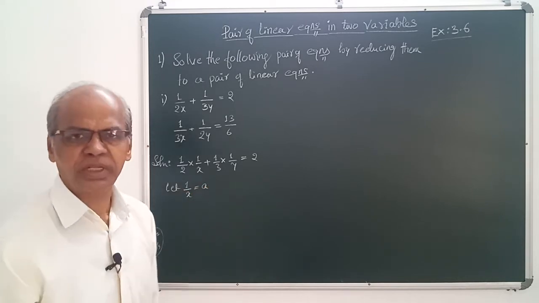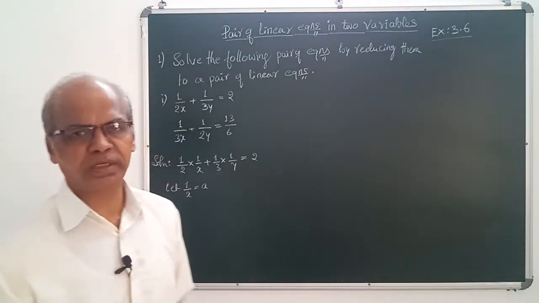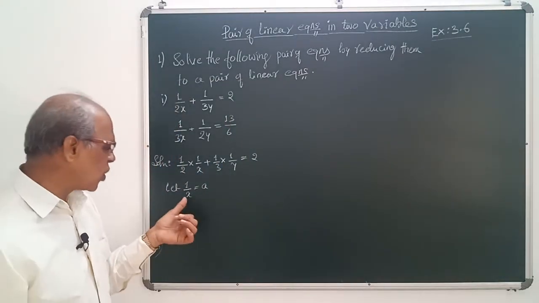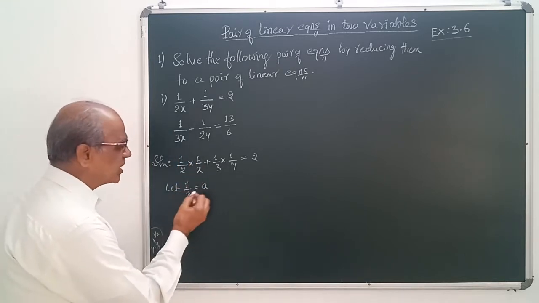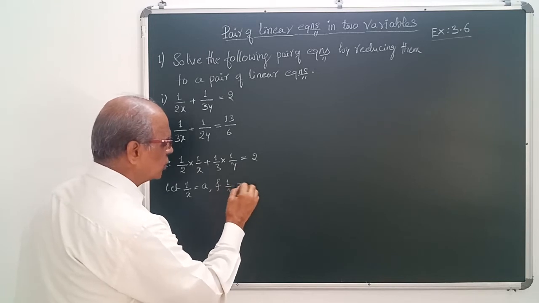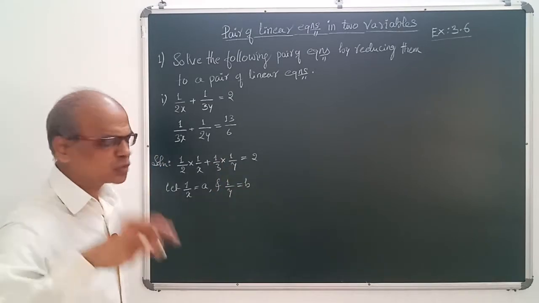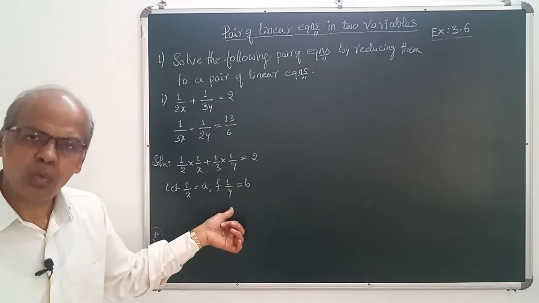Small letters you can take, p, q, m, n you can take, but xy you don't take because x and y variables are already used in this case. So 1 by x is equal to a and 1 by y is equal to b.